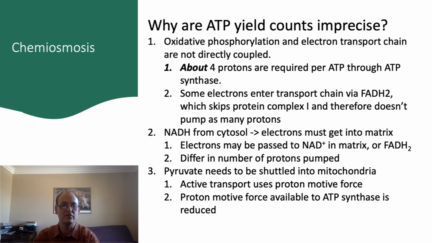The last reason for an inexact count is that pyruvate needs to be shuttled into the mitochondria from the cytosol. The active transport also uses the proton motive force that builds up in the intermembrane space. However, by using some of this proton motive force, it reduces the available force to generate ATP using oxidative phosphorylation by ATP synthase.